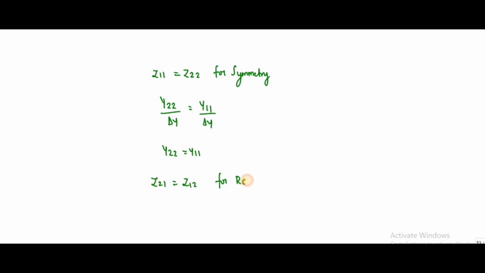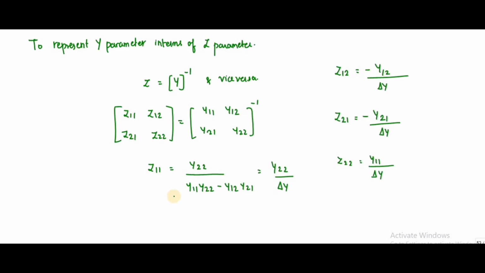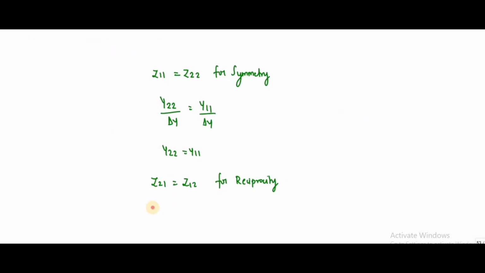So you substitute the values we found earlier, that is minus of y21 divided by del y is equal to minus y12 divided by del y. So here del y cancels, minus and minus cancel, so y21 is equal to y12. This is nothing but the condition for reciprocity.